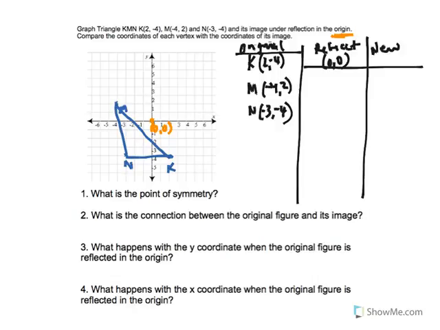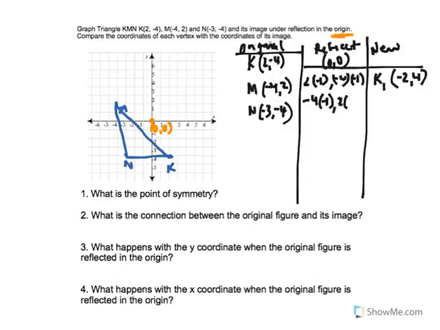So you multiply the x coordinate and the y coordinate by -1. So now we get 2 times -1 and -4 times -1. And our new coordinates become -2, +4. Let me label this. Okay.